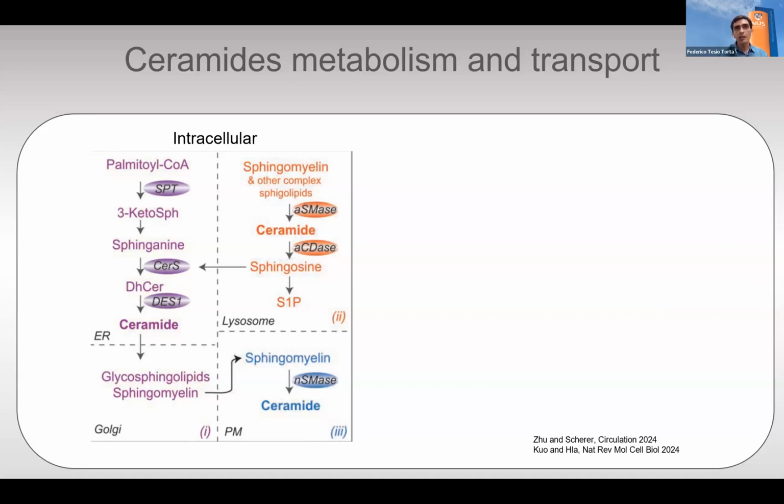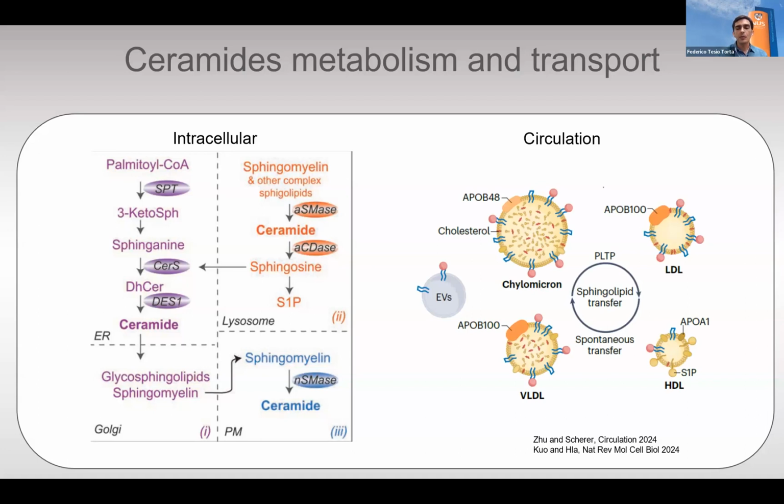Ceramides, in particular, are high in VLDL and LDL, but are also present in the other lipoproteins. Now, recently, with improvement of isolation of extracellular vesicles, we know that they are also enriched in sphingolipids, so ceramide might also circulate in extracellular vesicles.